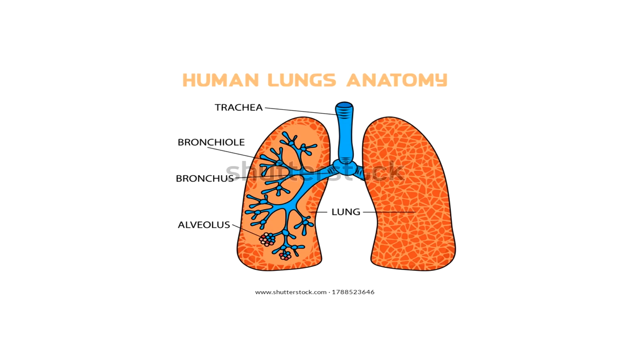The bronchioles come together into two large tubes called the bronchi. This is a large tube and this is another large tube. These are called bronchi. One is situated on the right and another is on the left.